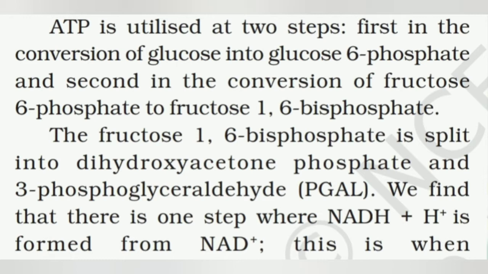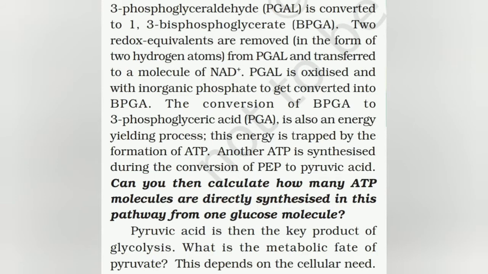So the fructose 1,6-bisphosphate splits into dihydroxyacetone phosphate and 3-phosphoglyceraldehyde, that is PGAL. We find that when PGAL is converted to 1,3-bisphosphoglycerate, BPGA, one molecule of NAD+ is utilized and forms NADH.